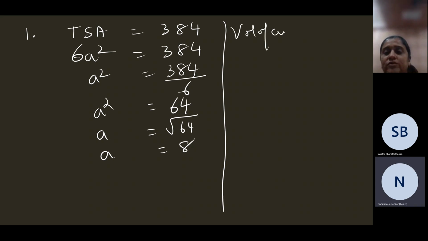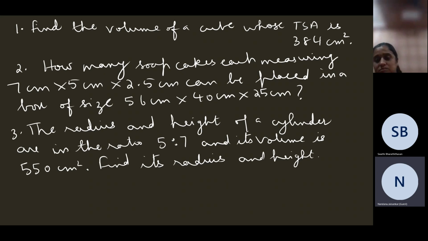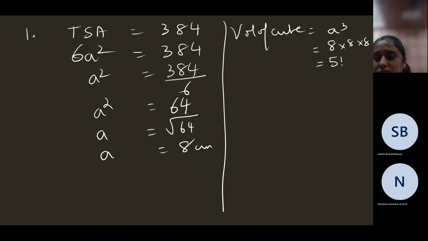We substitute a is equal to 8 there, 8 cubed. So the answer is 512 centimeter cube. Very good. It is volume, so centimeter cube. Got the same answer, ma'am.